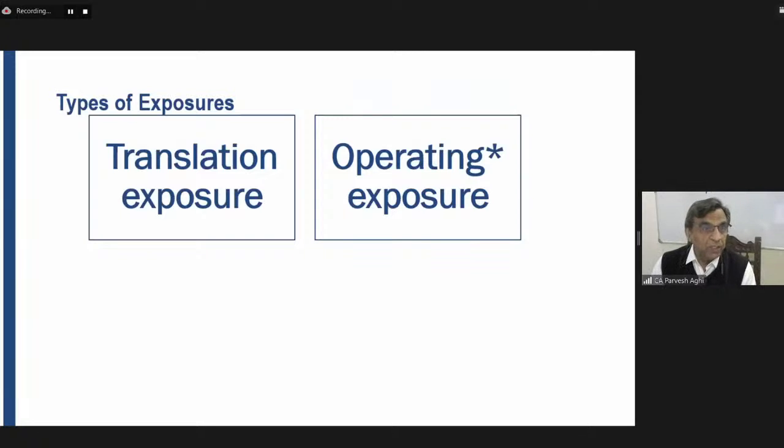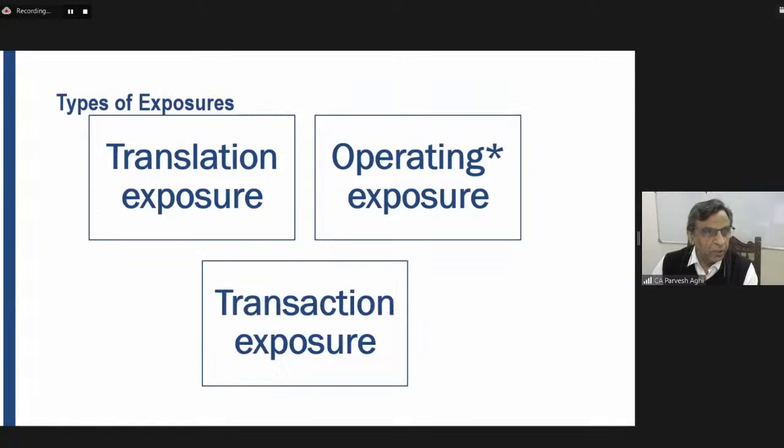The second one is an important one. It affects the foundation of a business, and it's called the operating exposure, or also called economic exposure. This is a more solid kind of exposure which a company faces. Companies can run into losses, or they can lose their value because of this kind of exposure. We'll understand this more deeply later on. The last one is the transaction exposure.